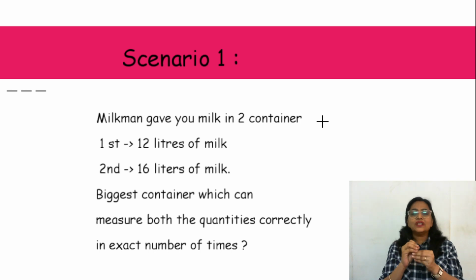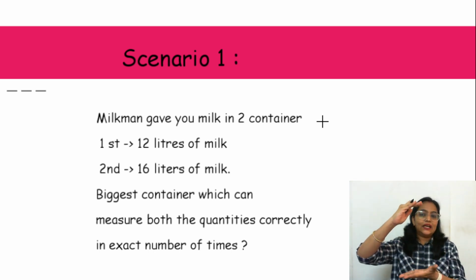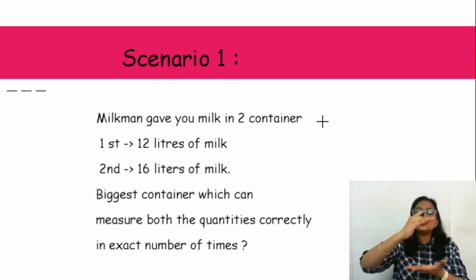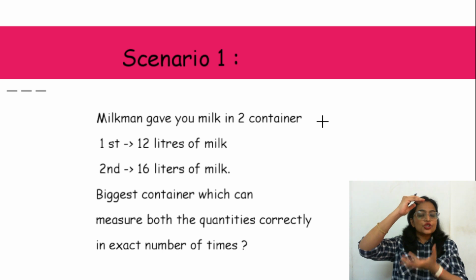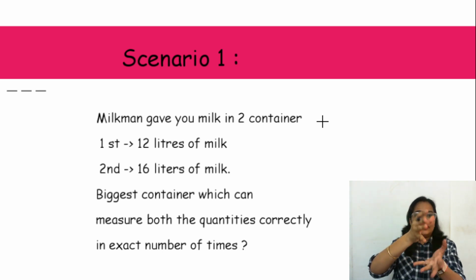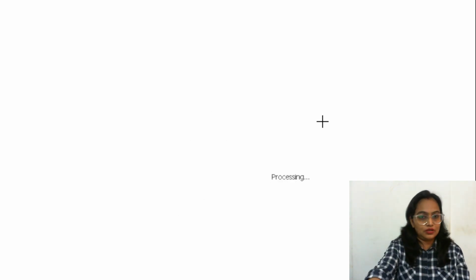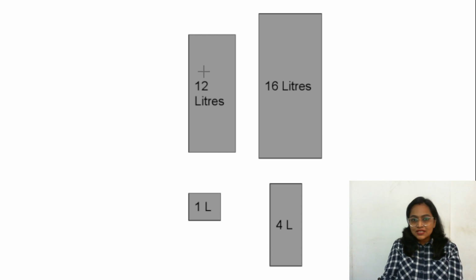So, what she'll do is she'll find out some container or some jar to measure these two milks, 12 liters and 16 liters, such that that particular jar should be filled completely every time while measuring. So suppose this is 12-liter milk, this is 16-liter milk.